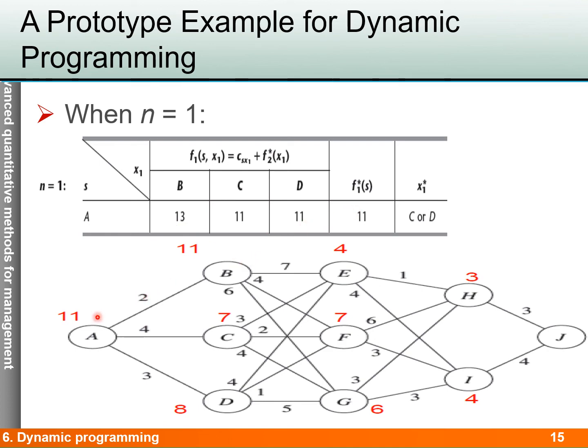This possible 11, that is minimum 11, comes from C and D. As you remember, 7 plus 4 and 8 plus 3. So these are C or D. Now in the next slide, we'll review the different possible solutions of this example.